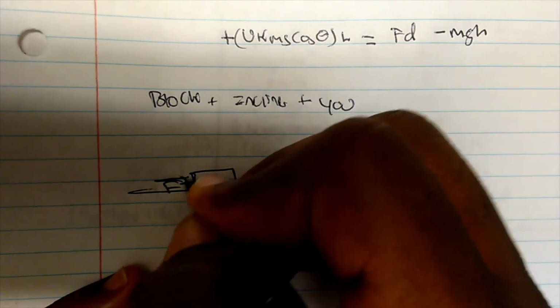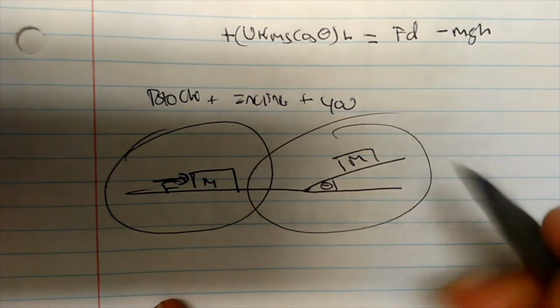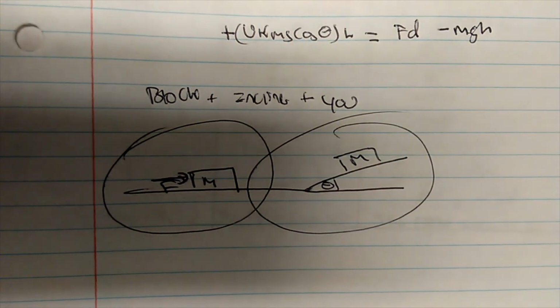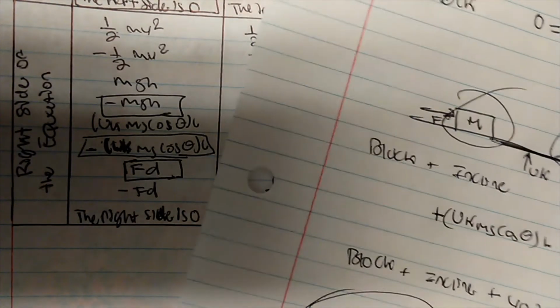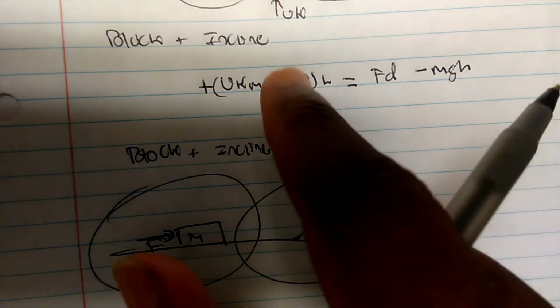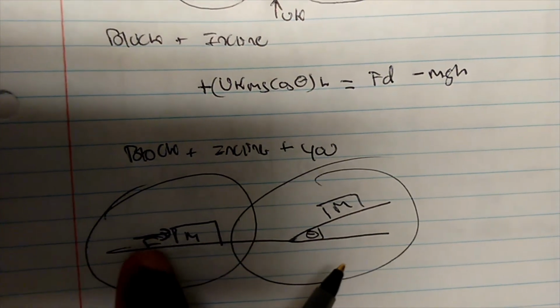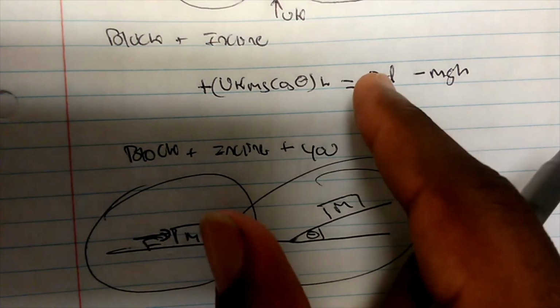So there's me, there's my hand. Now this becomes a part of my system: the block plus the incline plus me. So we're taking everything as a part of my force, and look what happens. You could see that as a system, we still have friction that's inside. Now look, because it's u, we now have the force times the distance inside the system.